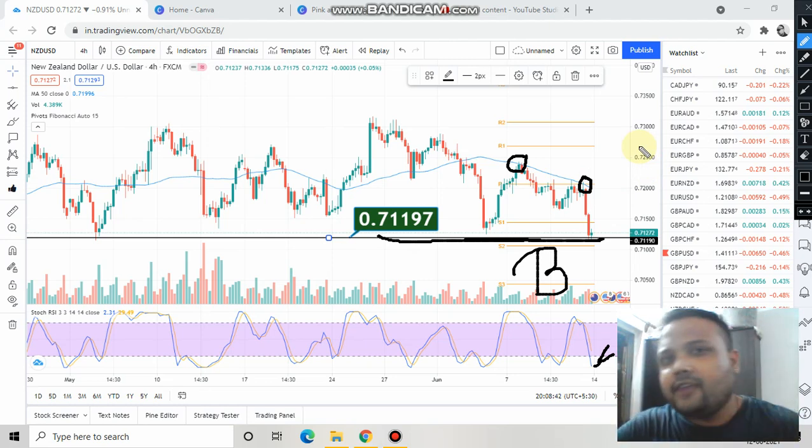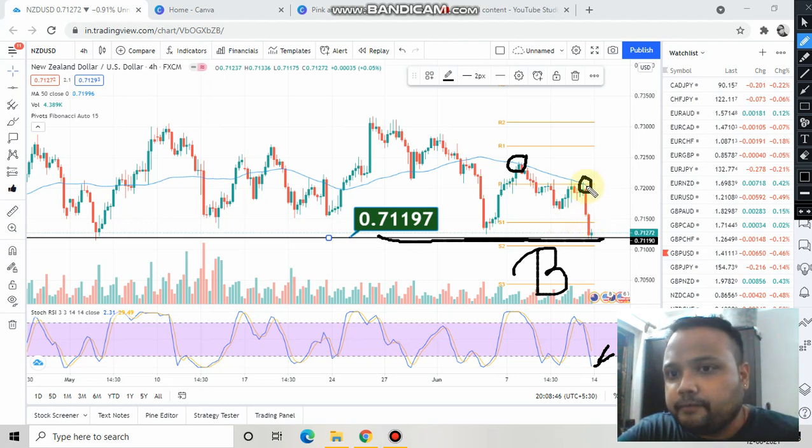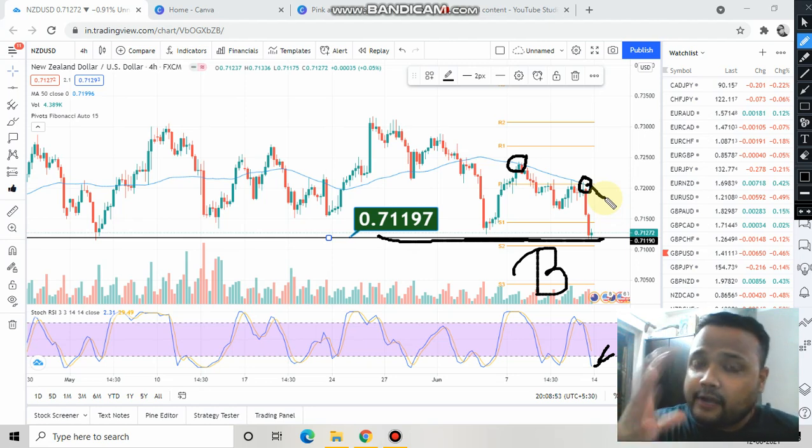So your second trading opportunity is, in case the market goes up from here and hits this 50 moving average, just observe the price. Try to read the market emotion, try to read the chart.